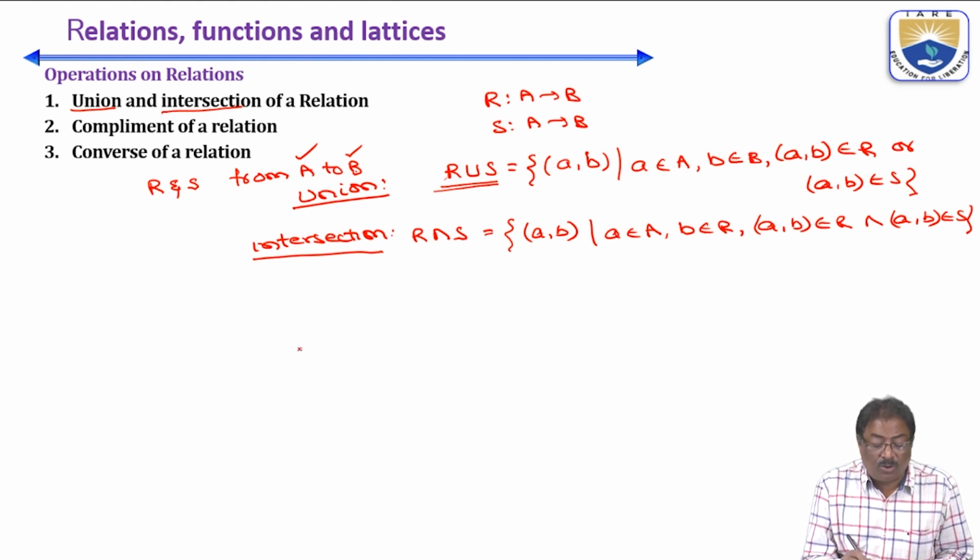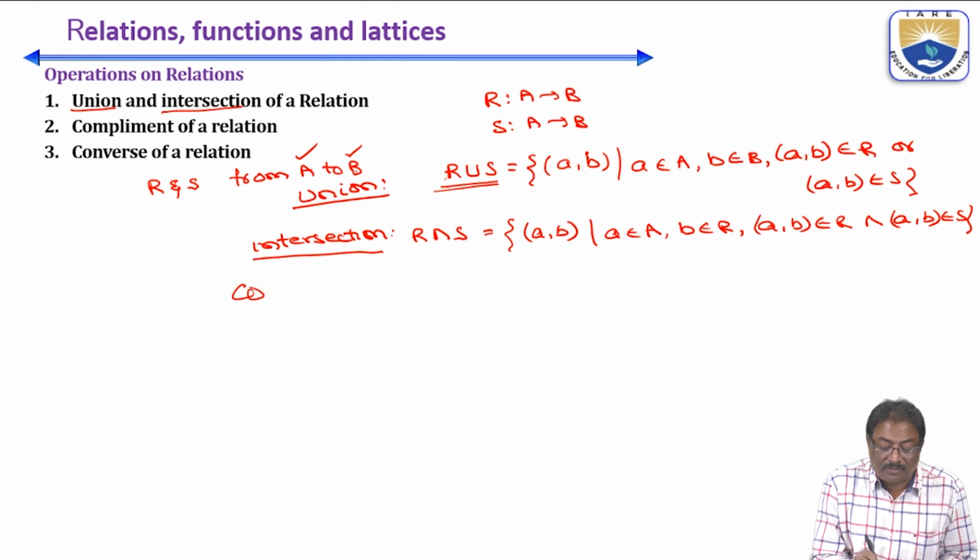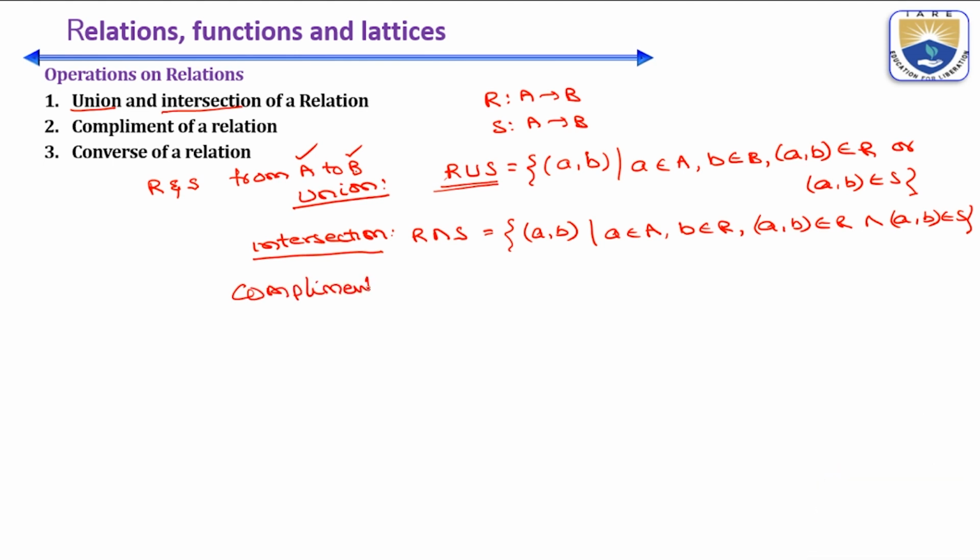Then we are going to know what the complement of a relation is. Suppose R is a relation defined from A to B, then the complement of R, we define it as R bar.